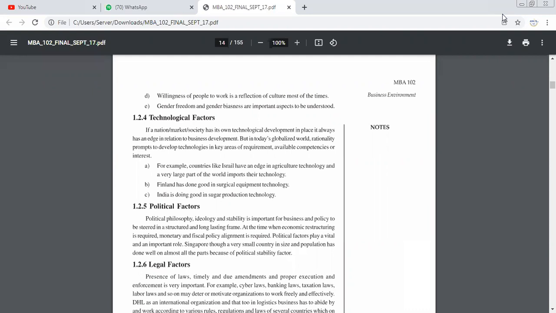Now I will give you one example. Take an example of Dubai. You know Dubai, right? In Dubai, you can find that it has a higher percentage of Indian rupees. In Dubai, the currency name is called dirham.